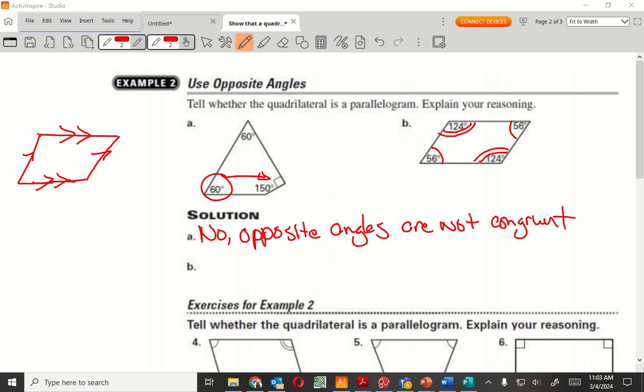Does that make sense? Yes. Okay, good. So we can now say that since the opposite angles are congruent, this one is a parallelogram. There we go. So it is a parallelogram.